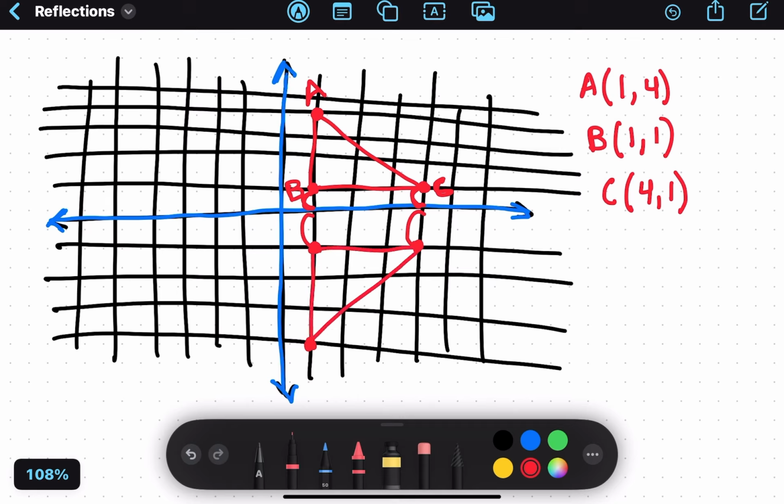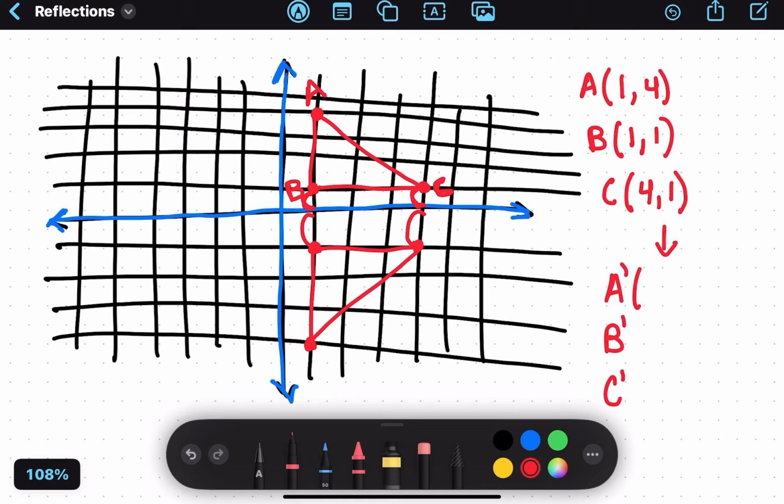And any time a shape goes under a transformation, the letters get a fancy little mark to them, like that. So points A, B, and C now become A prime, B prime, and C prime.